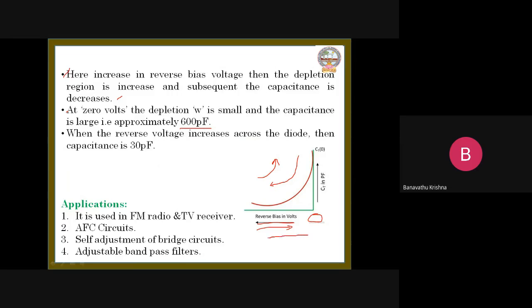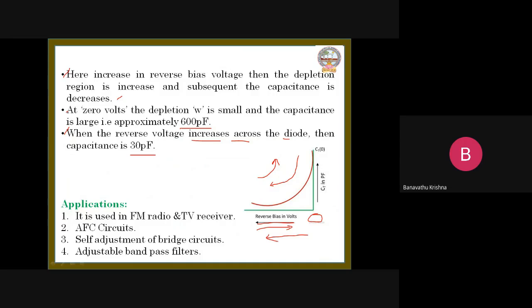Suppose the voltage increases, then when the reverse bias voltage increases across the junction of the diode, the capacitance is 30 picofarads. So as the voltage increases, the capacitance decreases from 600 picofarads to 30 picofarads.